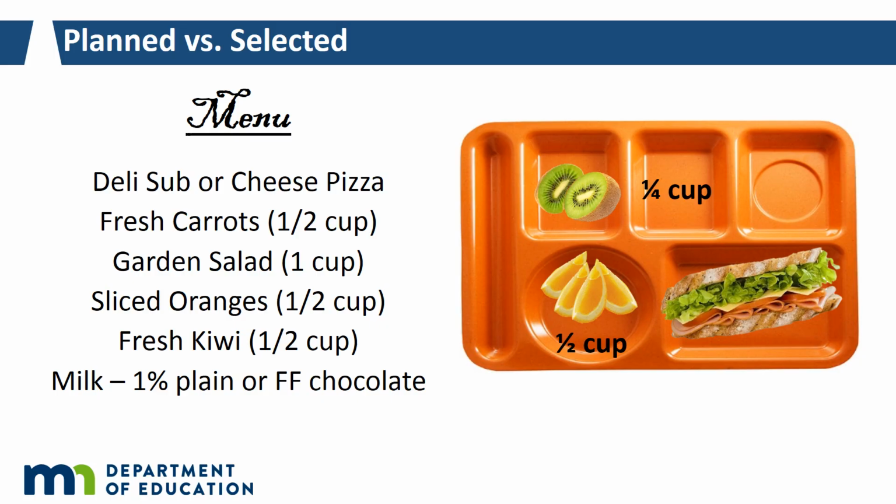Notice that the kiwi selected is not the minimum portion size as planned. The student only chose to select a fourth of a cup rather than a half cup. This meal is reimbursable, even though the student has not selected the entire menu but has made choices as to what they would like to eat. Being able to recognize the difference between planned menus and what the student actually selects is the key to understanding offer versus serve.